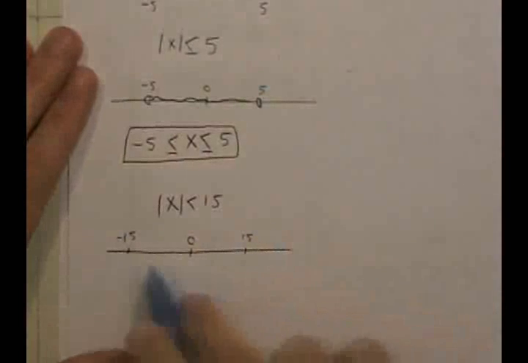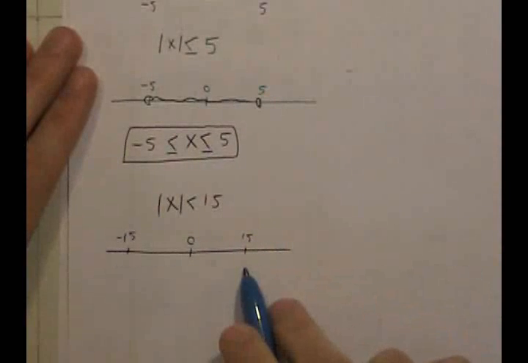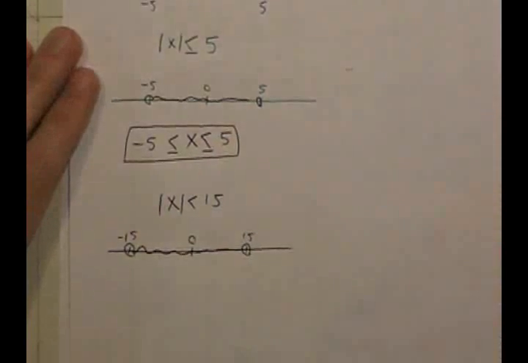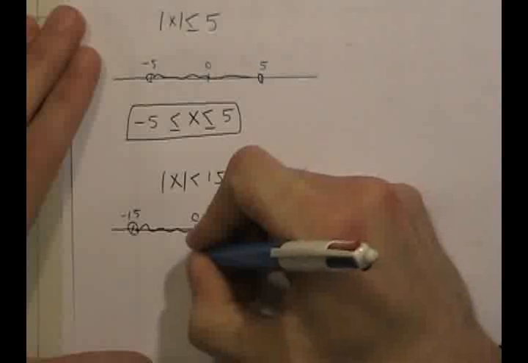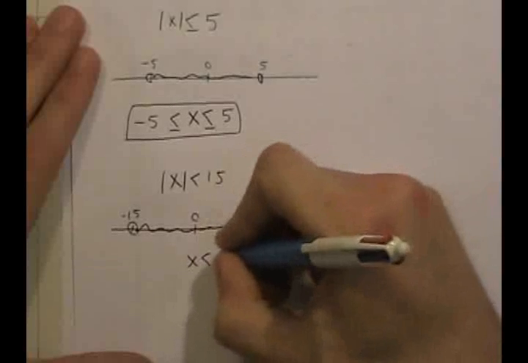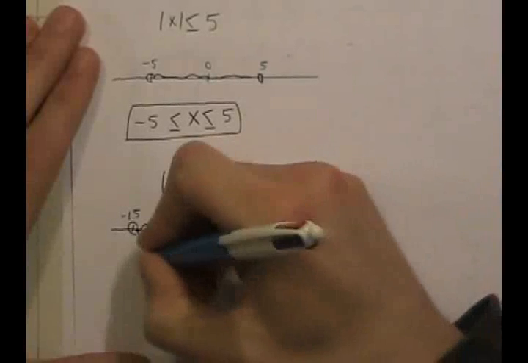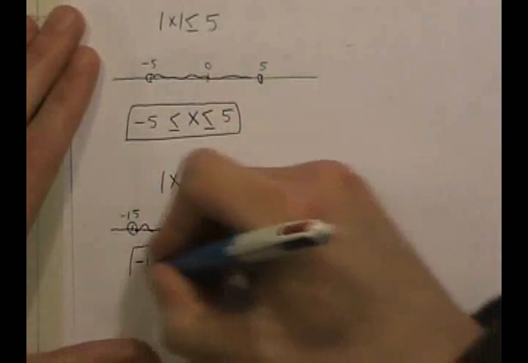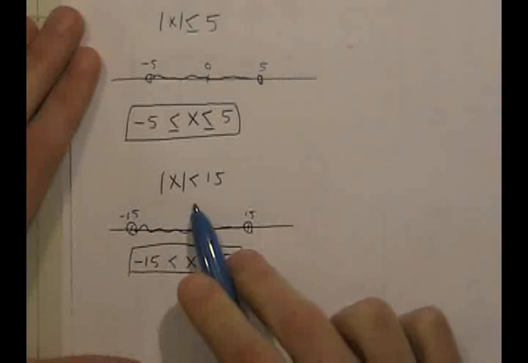We only want the numbers in between, so we jump right to the solution by saying x has to be between 15 and its opposite. That is the way to solve absolute value less than inequalities.